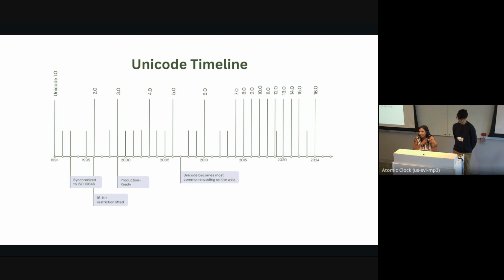It's kind of a turning point when it felt like this project really became real and was starting to get adopted. Still, it took a little while for the standard to catch on. Another milestone that Unicoders tend to note is in 2007, when Unicode became the most commonly found encoding on the web, overtaking ASCII and Western European encodings that were popular up until that point.